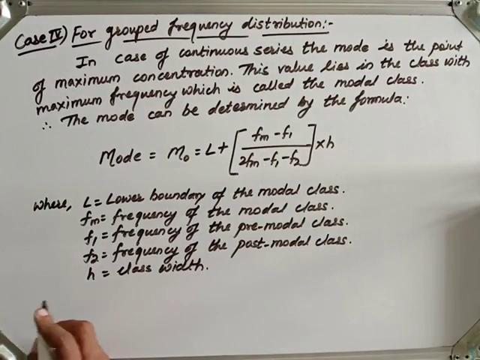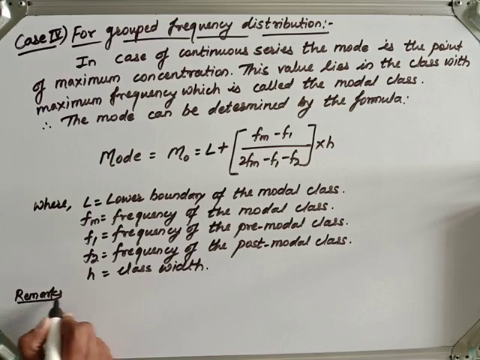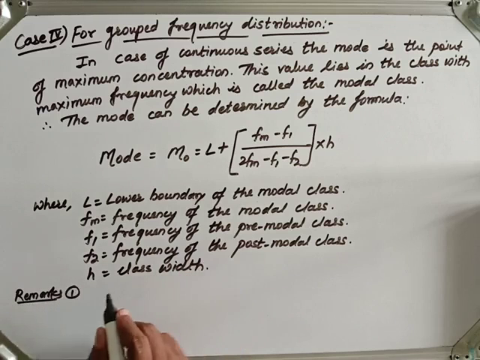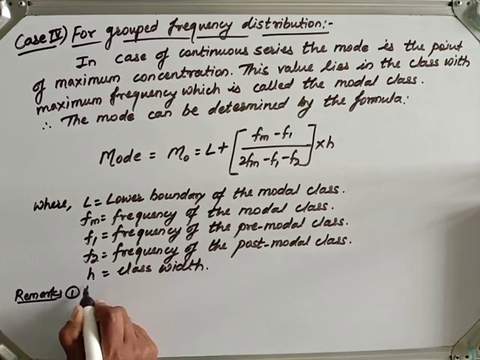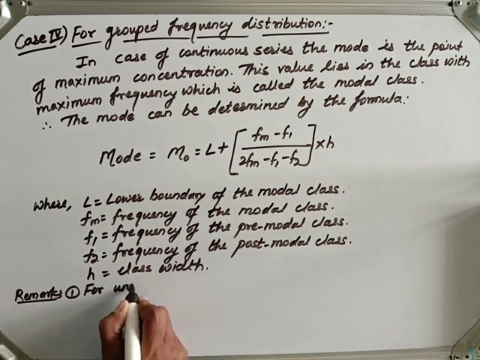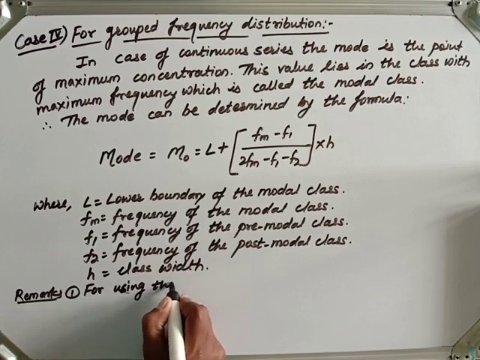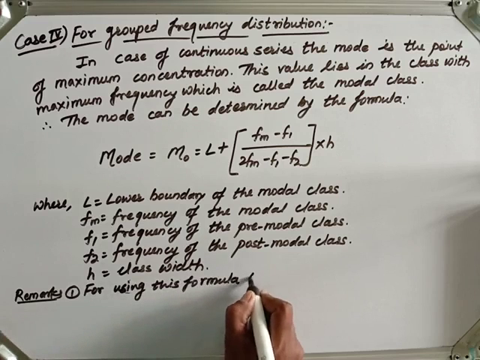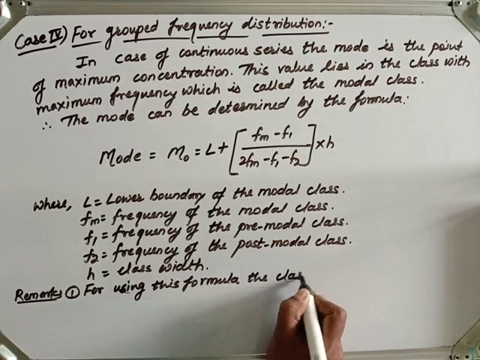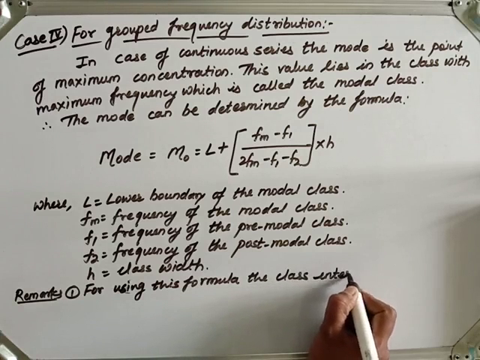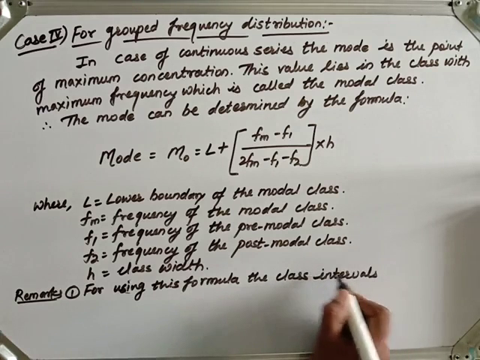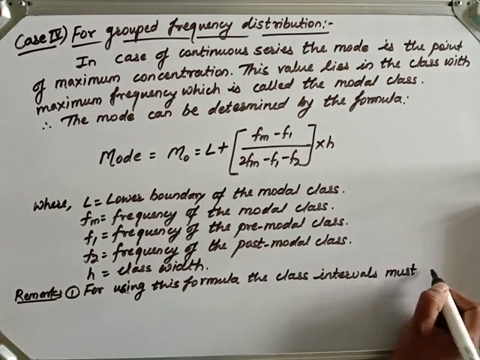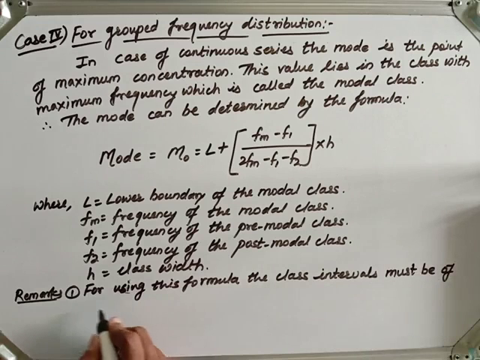Fine. Now let me write two notes or remarks. We should note them, then we can use this formula. So for using this formula, the class intervals must be of uniform width.